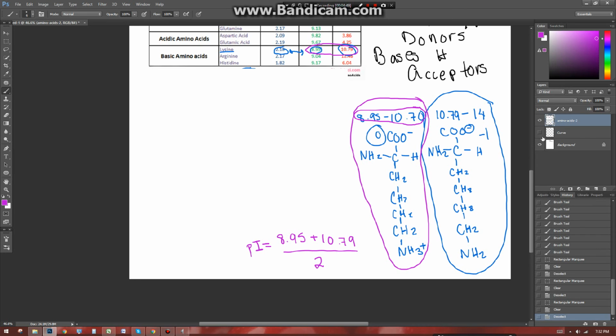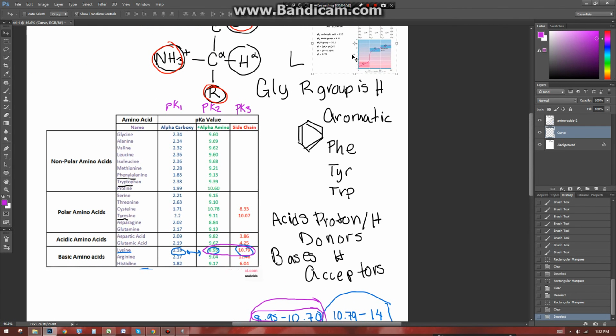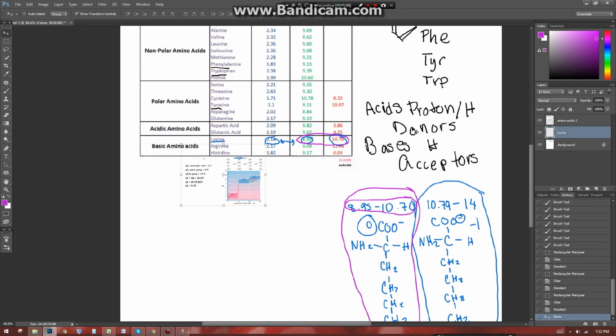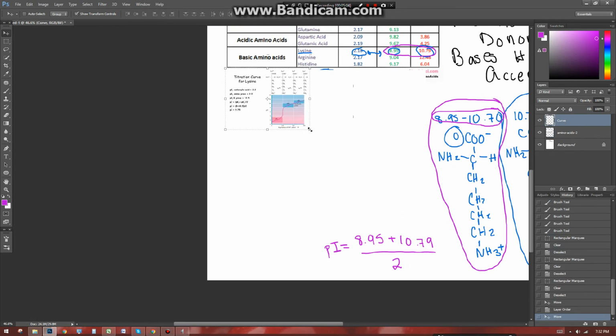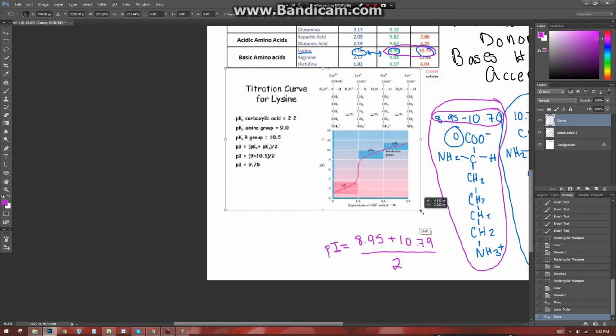I'm bad at math, so I'm just going to leave that there. But I have a titration curve for lysine that I got before I started this. So let me just show you how that matches the work we just did.